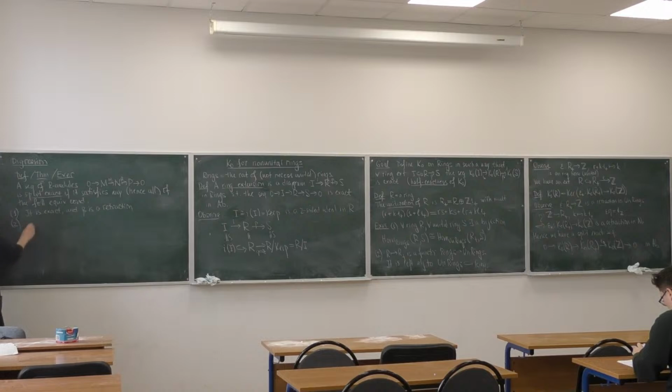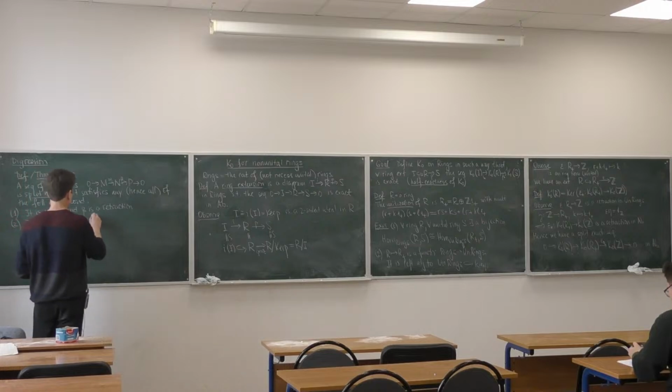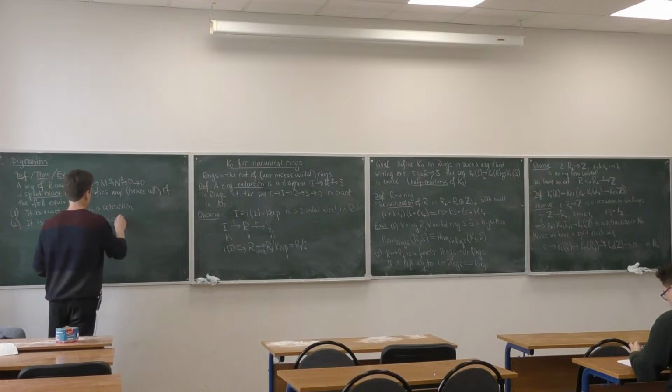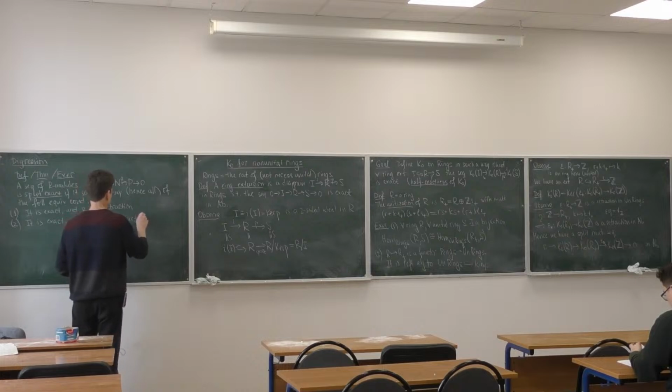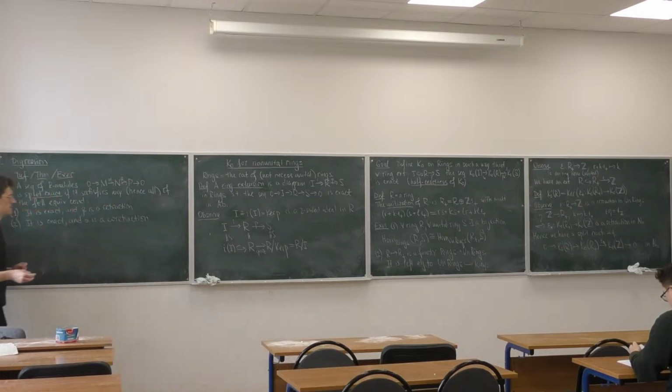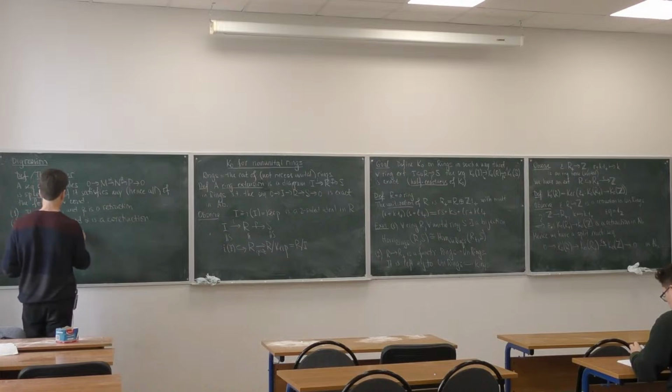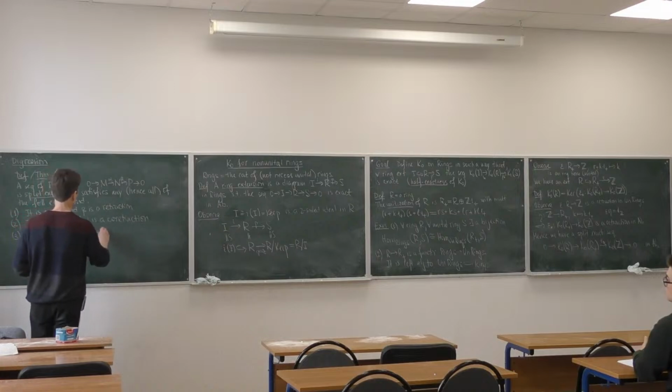Equivalent condition 2: it is exact and alpha is a co-retraction, which means that it has a left inverse morphism from N to M. And condition 3: this sequence is isomorphic to the following direct sum sequence.